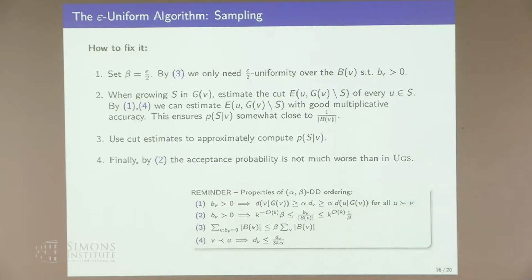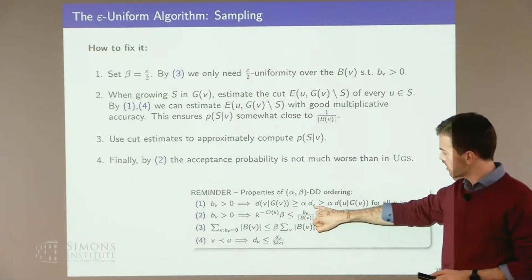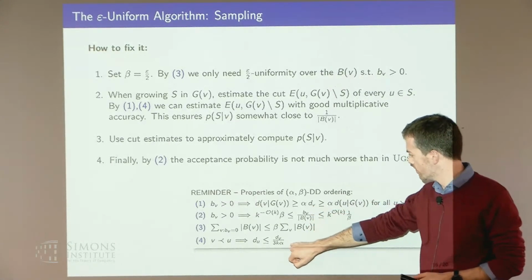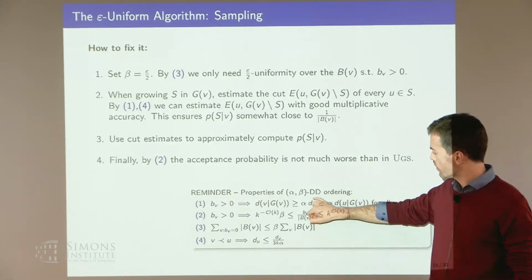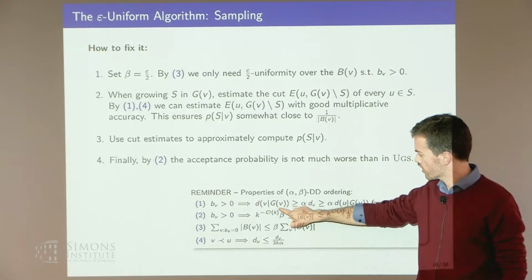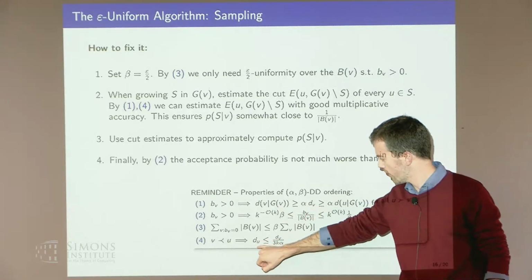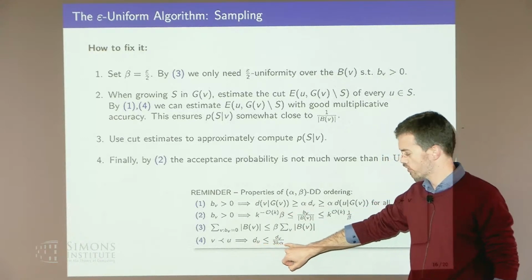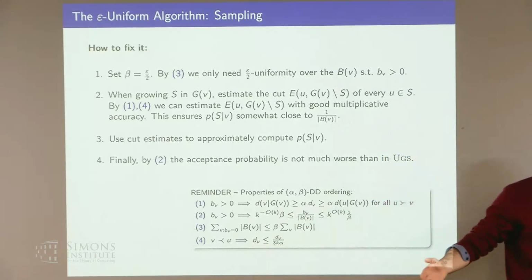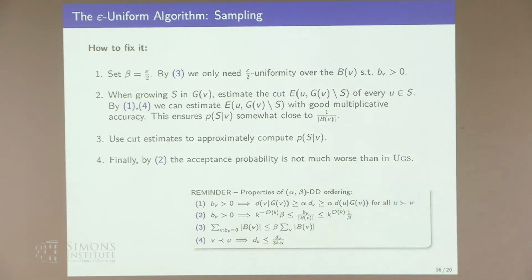It's not so easy to grasp at first sight, but basically what it says is that this condition in the middle here and this down here tell you that the degree of V is not much larger than its degree in the subgraph. And the degree of every U after V is also not so large. And this puts a bound basically on the size of the union of the adjacency lists that you have to look at to find a vertex in the cut.